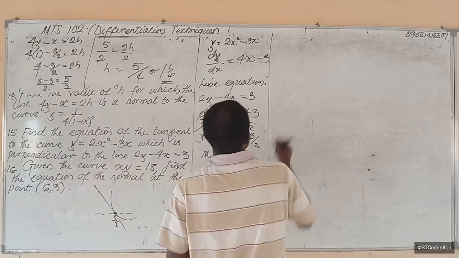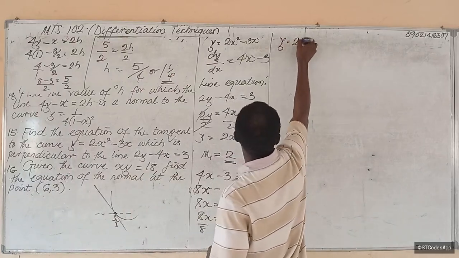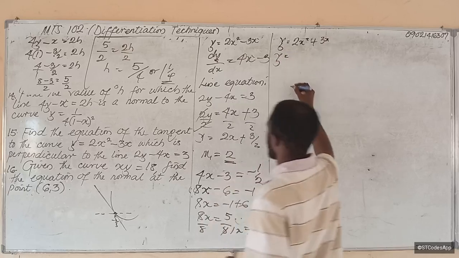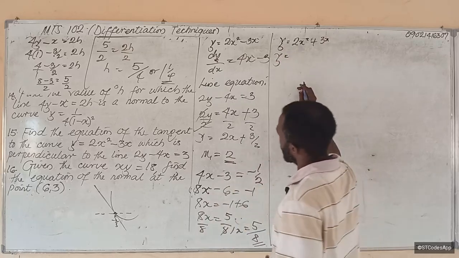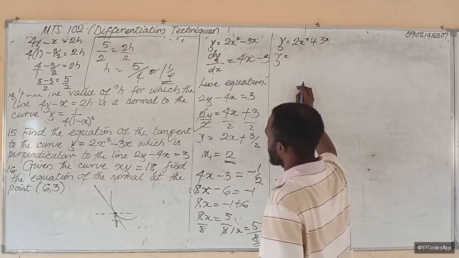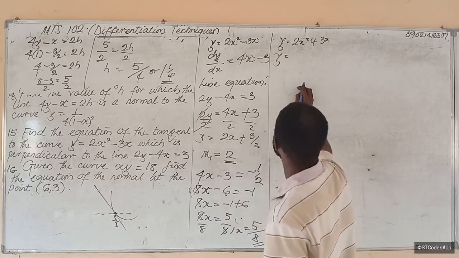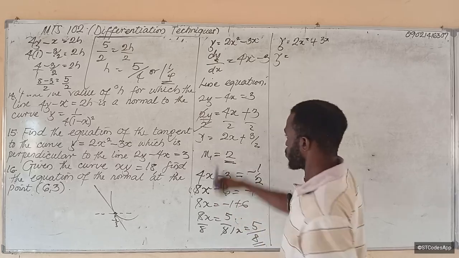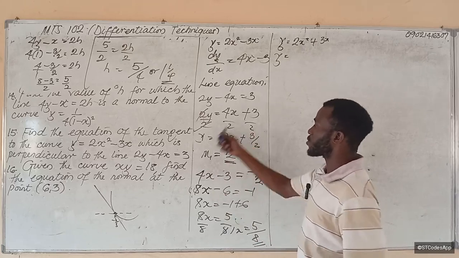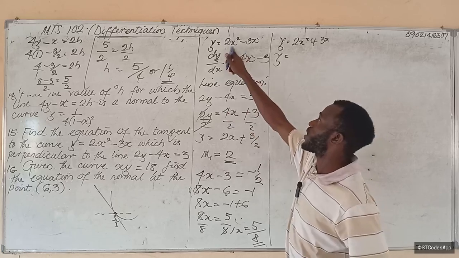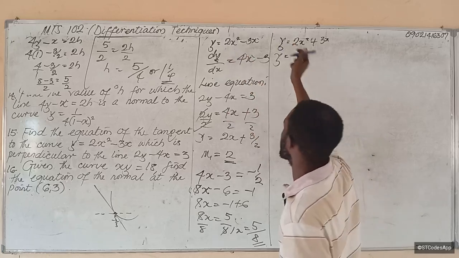And what is the original equation? y equal to 2x squared plus 3x. So y will be equal to, okay, it's the equation of the tangent we are looking for. This is the equation of the line we are given. So don't be confused. Don't come and substitute here. This is the equation of the line we are given. This is the equation of our curve. So substitute into the curve.